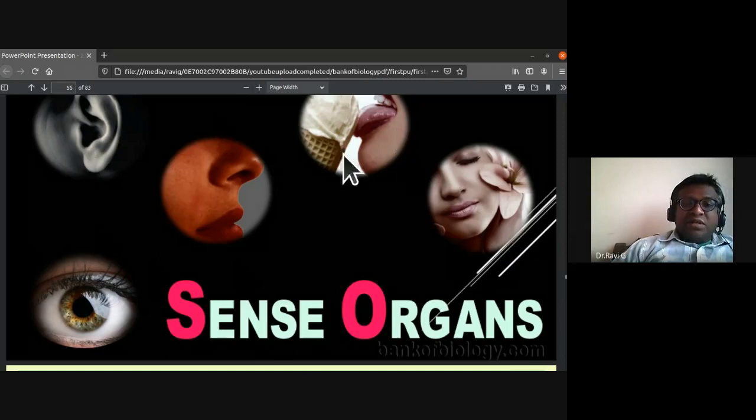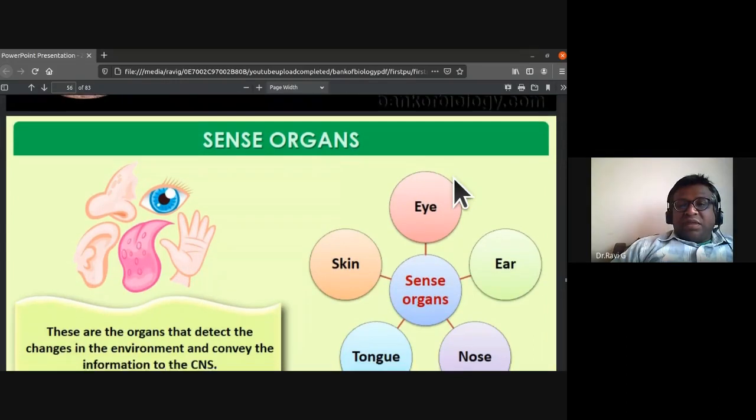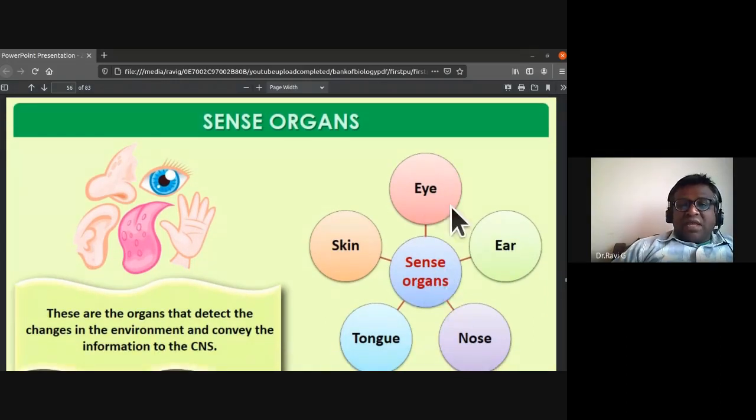The five sense organs that we have are the eye, ears, nose, tongue, and skin. We'll be studying each one of them.